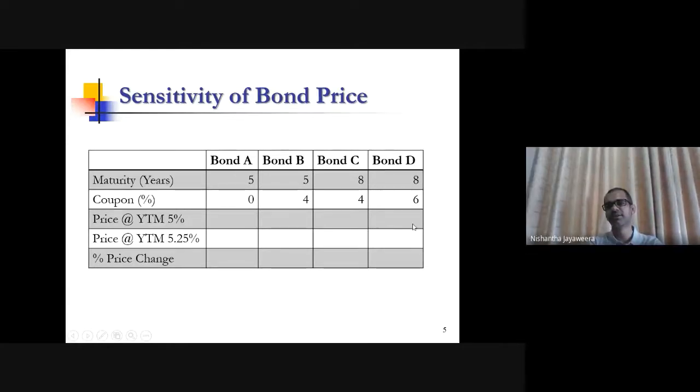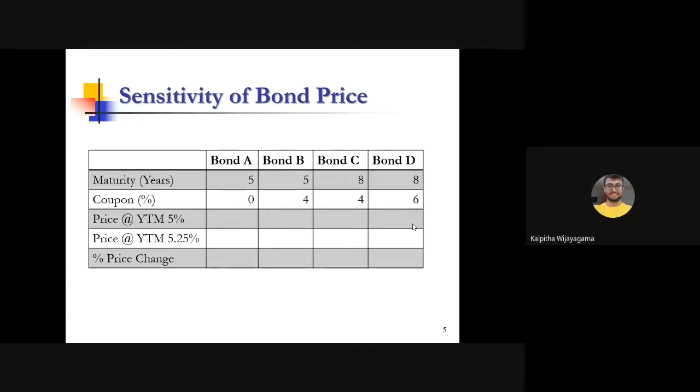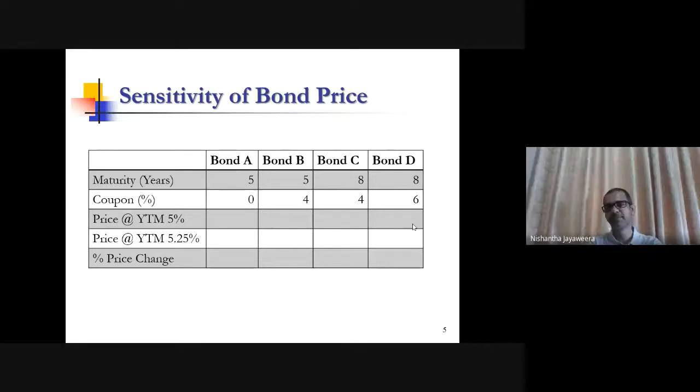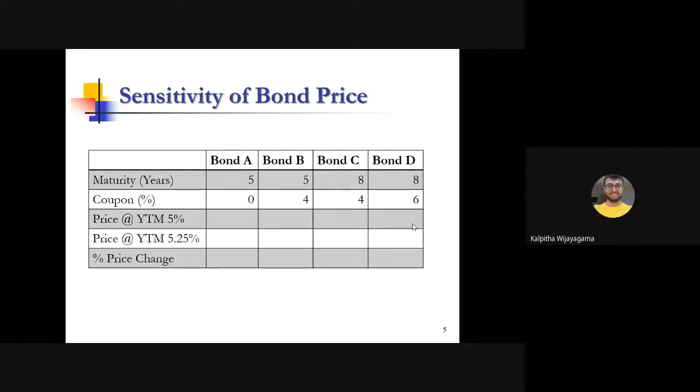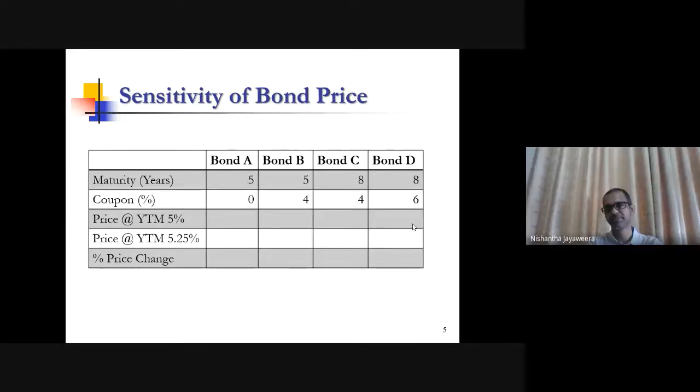106.46, and 104.8. Okay. At least you should see some pattern. This is a zero coupon bond, and the maturity is 5 years, so it should be at a considerable discount.